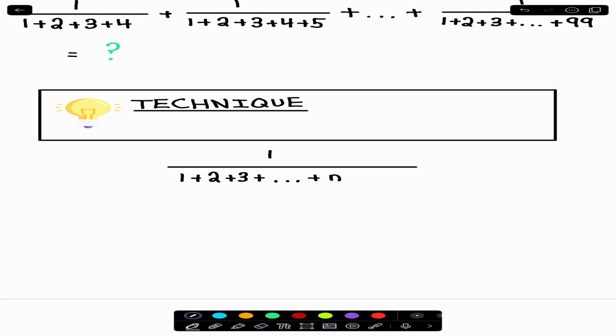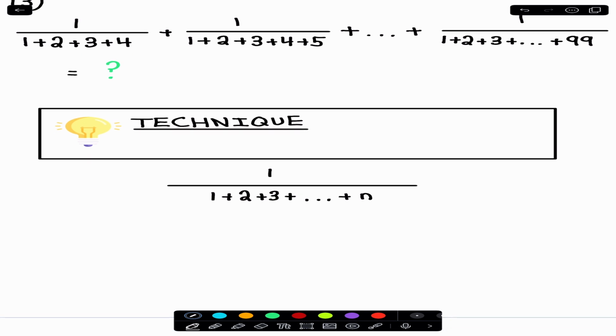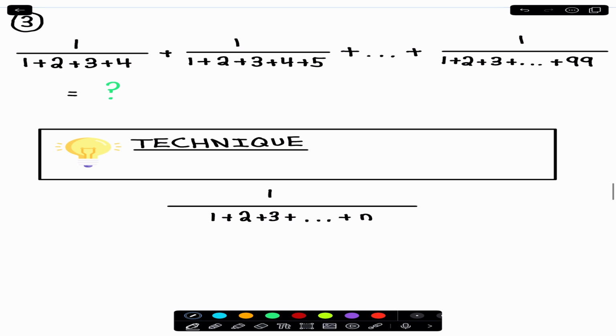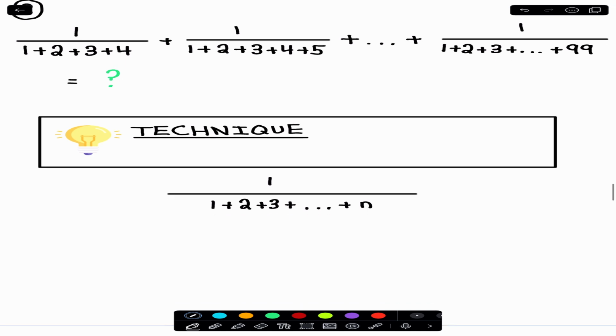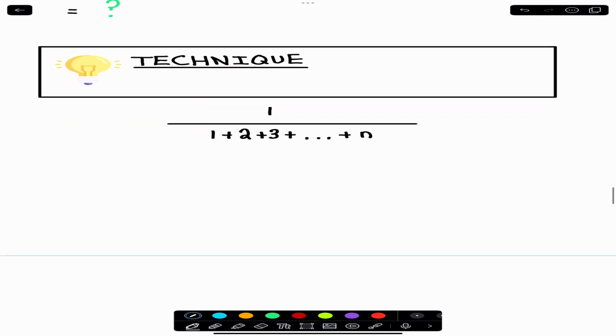So whether that n is 4, 5, or 99, doesn't really matter. They all have this basic form. So they all look very similar to each other. And I think we can use this to our advantage. If all terms have a similar form to each other, that's usually your sign to see what's going on a bit.